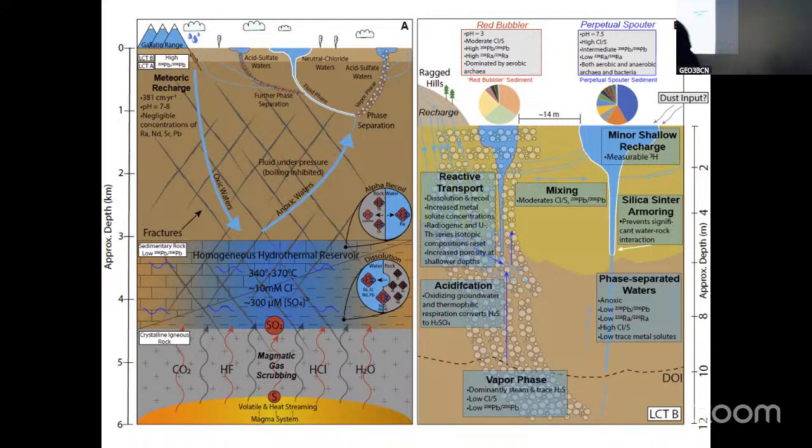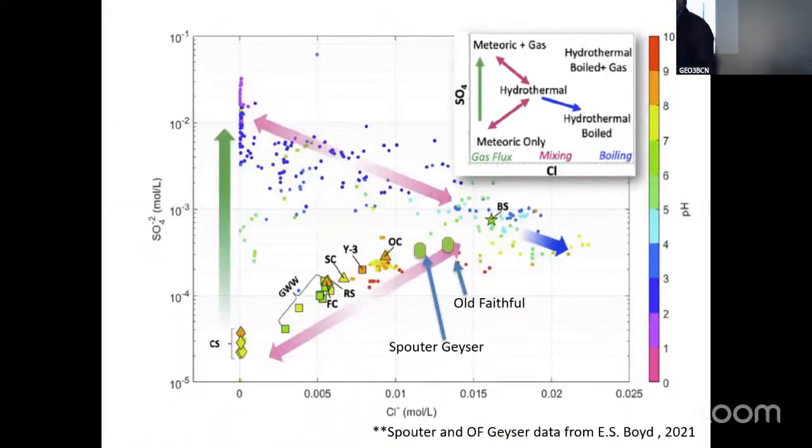Now, how do we take that further a little bit? If you're looking at volcanic systems, you generally like to break the world into sulfate content and chloride content. Meteoric systems, surface water, rainwater, snowmelt, tends to fall down in the low chloride, low sulfate realm. As you get more acidic or higher sulfate in a volcanic system, you're going to plot up here, where you have meteoric mixing with gas, essentially.